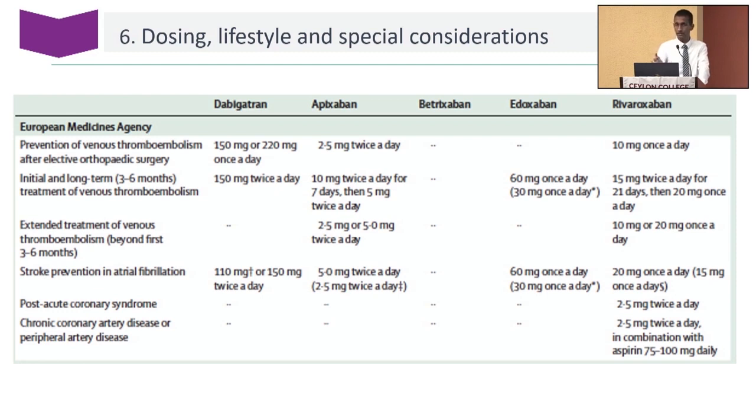You give a loading dose. In the case of apixaban, it will be 10 milligrams twice daily for a week and then go back to 5 milligrams twice daily. In the case of rivaroxaban, you give 15 twice daily for 3 weeks, then you go on the maintenance. So again, that will also be something that you will consider when you're choosing your DOAC, if the patient doesn't want to get that IV and so on, and even the cost.